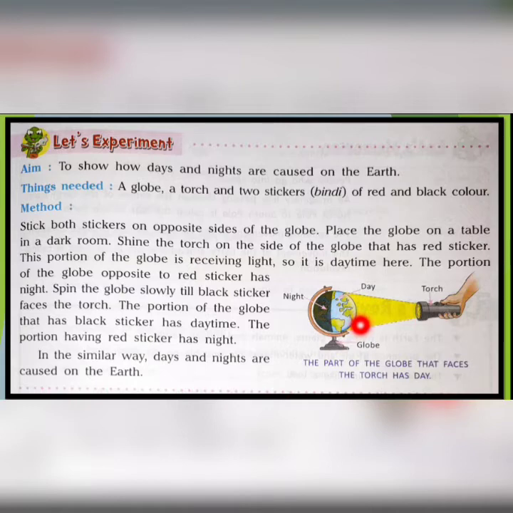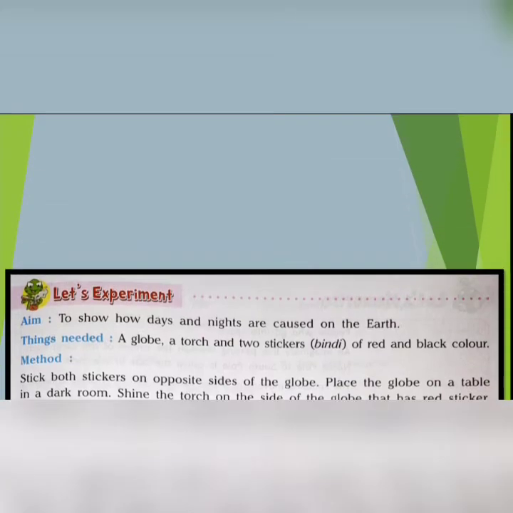And the other part of the globe will have night. In this similar way, days and nights are caused on the Earth. Now you have known why days and nights are caused. Day and night are caused because of the rotation of the Earth.